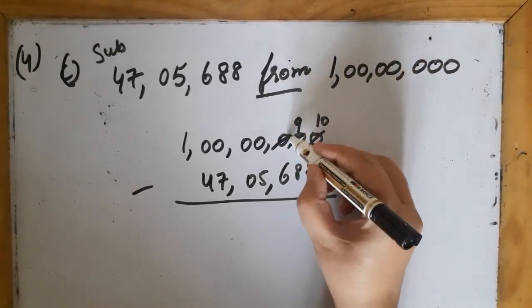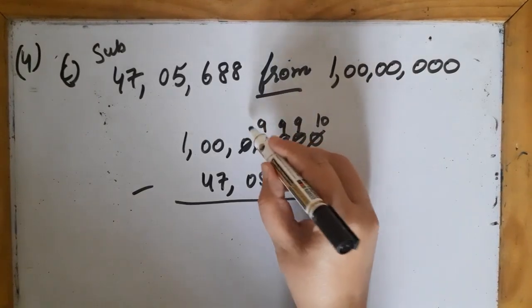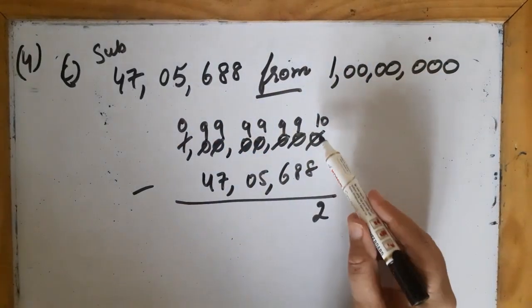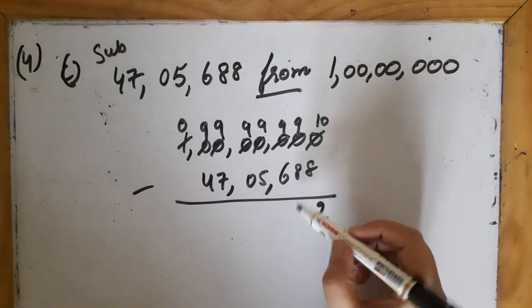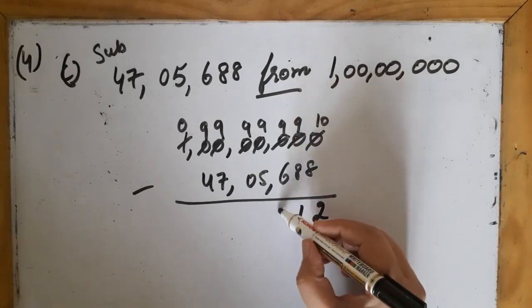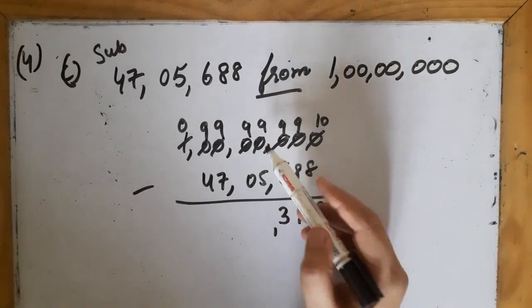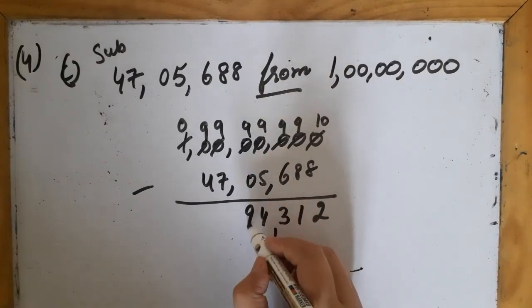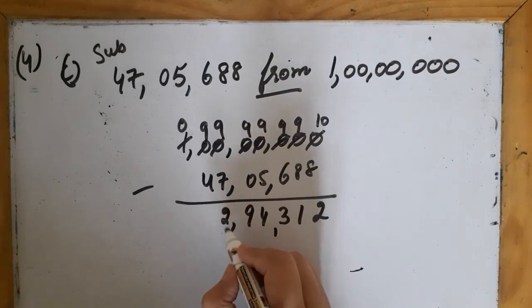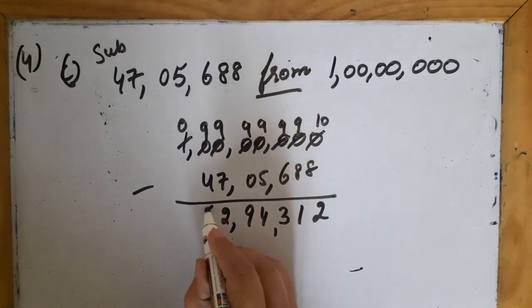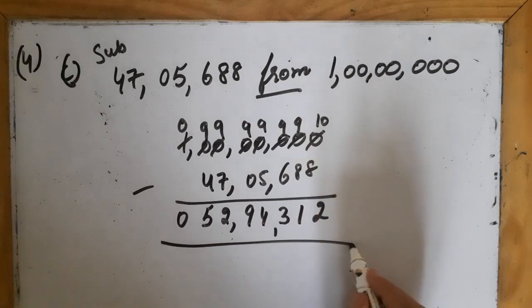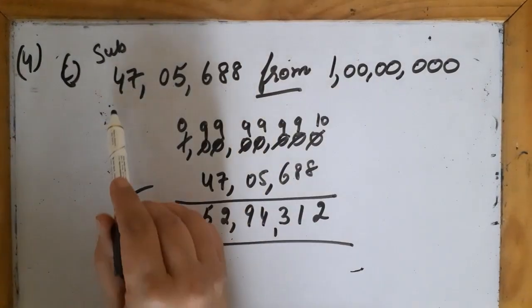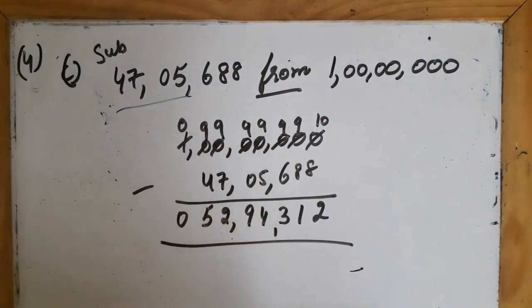This will become 9 9 9 9 9 9 and this will become 0. So 10 में से 8, 2, 9 में से 8, 1, 9 में से 6, 3, 9 में से 5, 4, 9 में से 0, 9, 9 में से 7, 2, 9 में से 4, 5 and this will be 0. So this is what you get when you subtract this number from 1 crore.